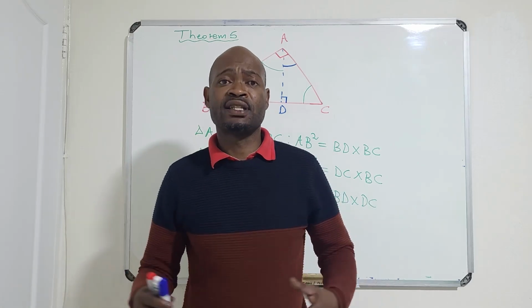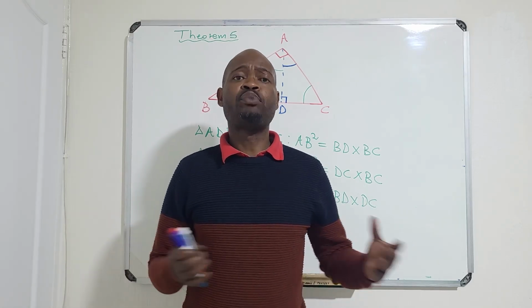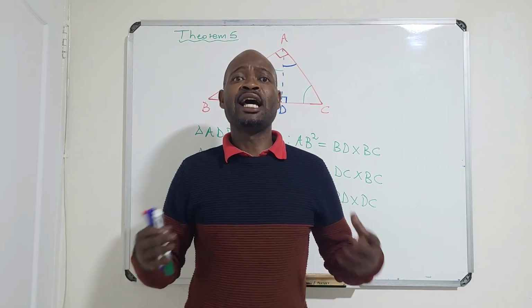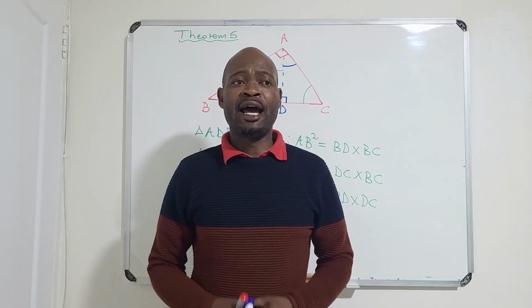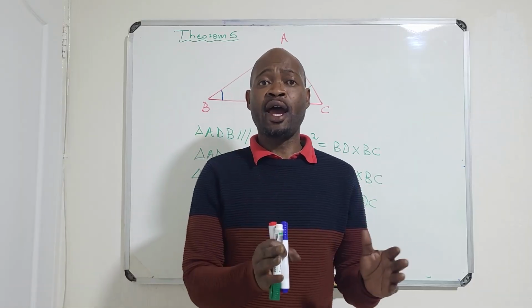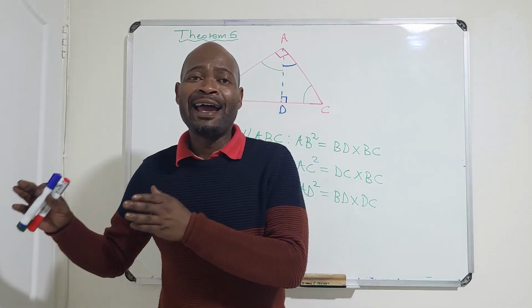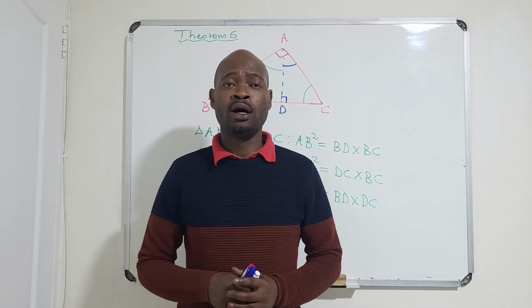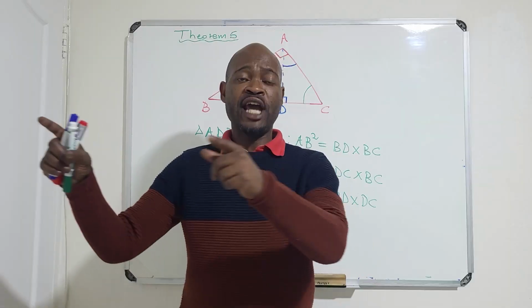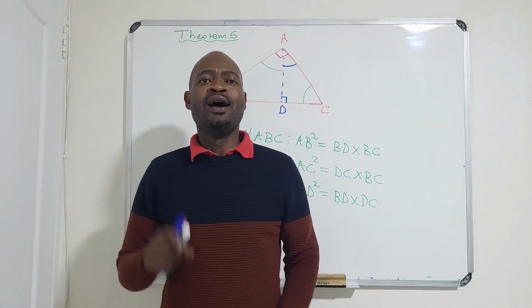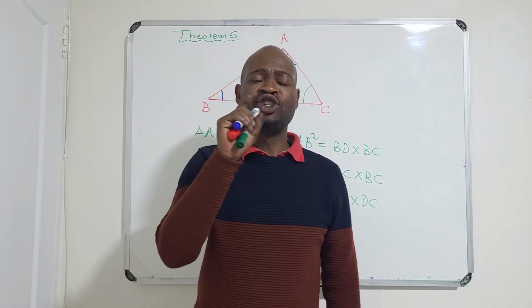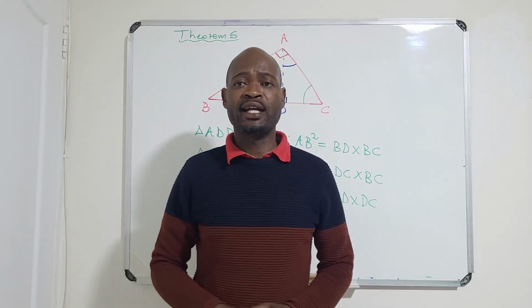Its converse, or its opposite, tells us that if the square of the hypotenuse is equal to the sum of the squares of the other two sides, then we know that that triangle is a right-angled triangle.